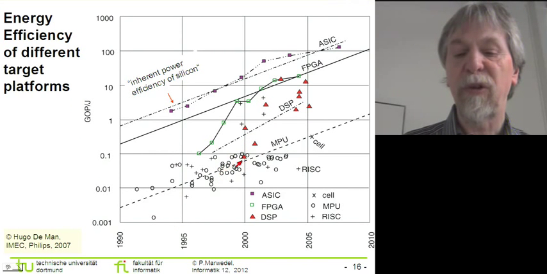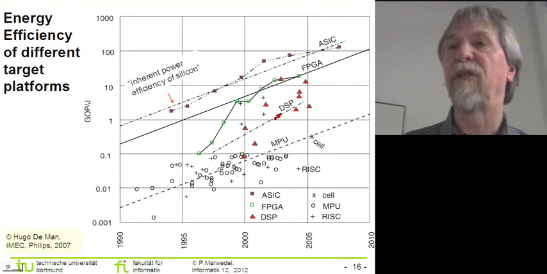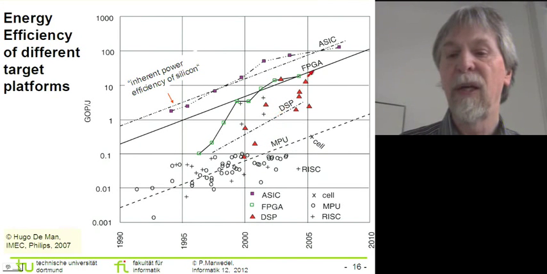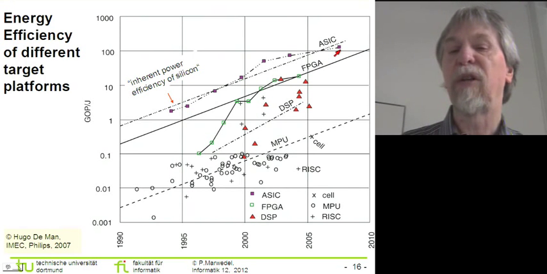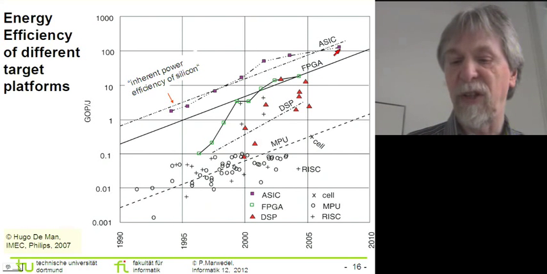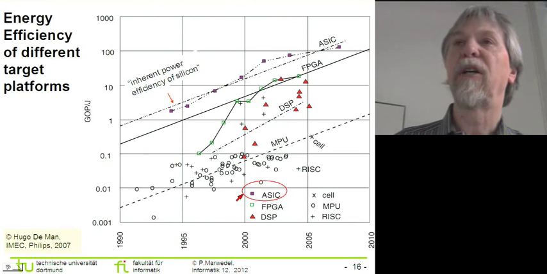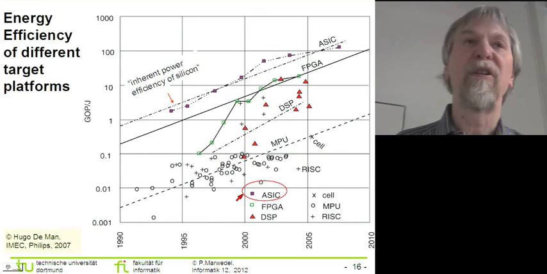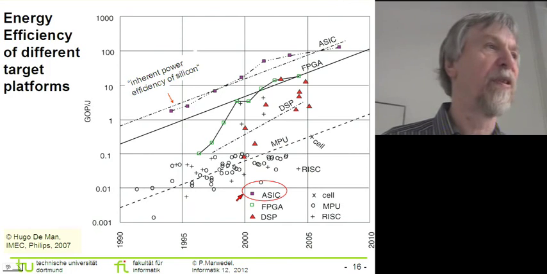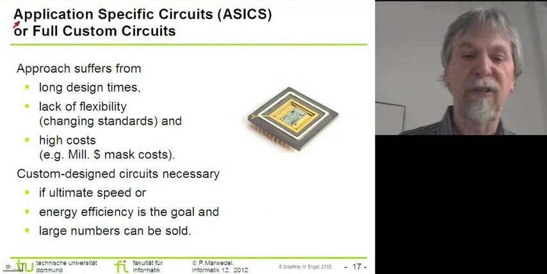And we see that for some processors we have a lower energy efficiency and for others we have a higher efficiency. And we see over here that for ASICs, for application-specific integrated circuits, we obviously have the highest energy efficiency. So therefore, we might like to look first at these ASICs because they promise the best energy efficiency. So let's look at ASICs.